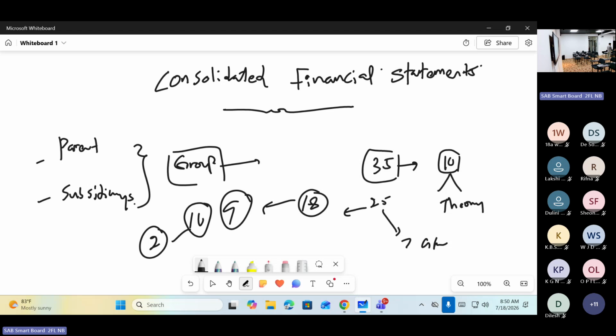Of the remaining 25, goodwill calculation is 7 marks. Then we start one by one.